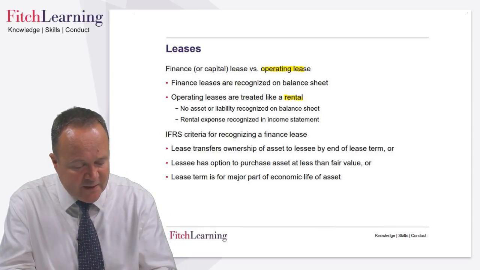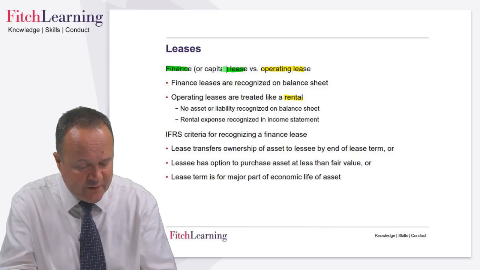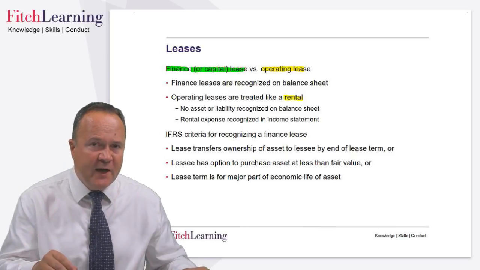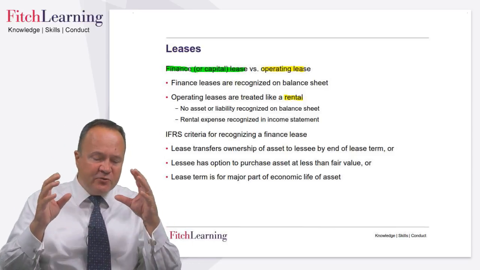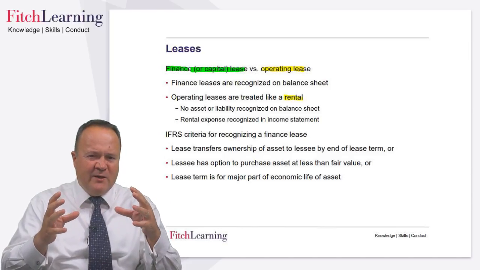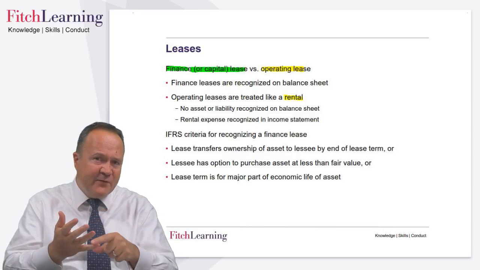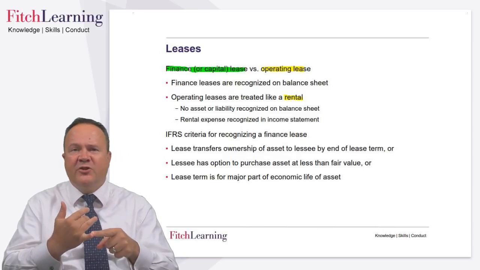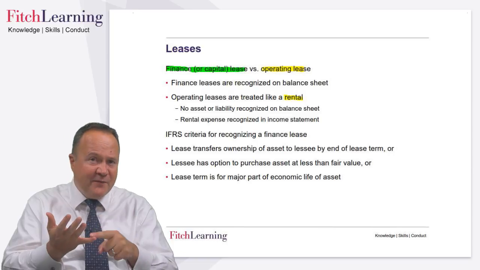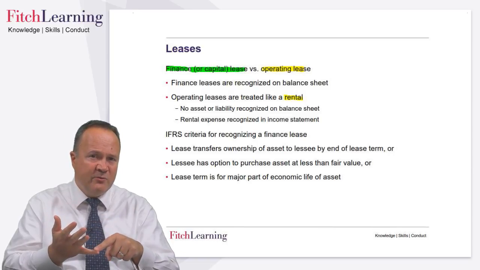A finance lease, which is also called a capital lease, by the way, two words for the same thing. This is where you're still renting, but because you're renting the asset for so long that economically, to all intents, it's your asset. And remember the definition, if you go back to Balance Sheet 101, the definition of an asset is anything you own or control.